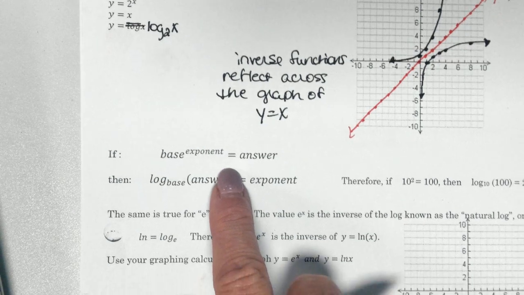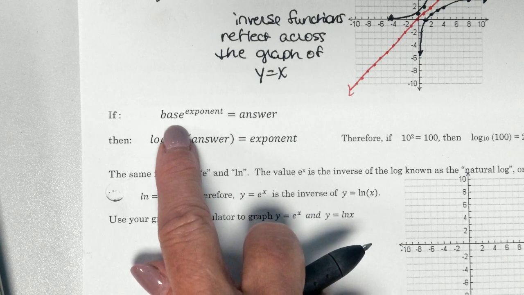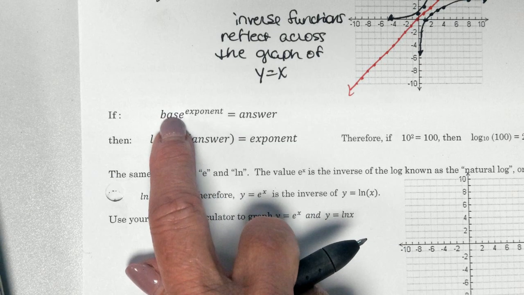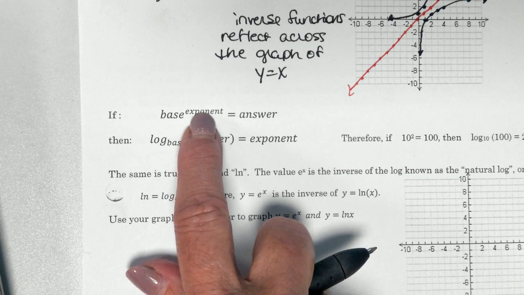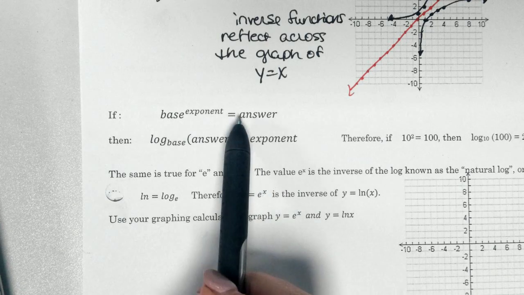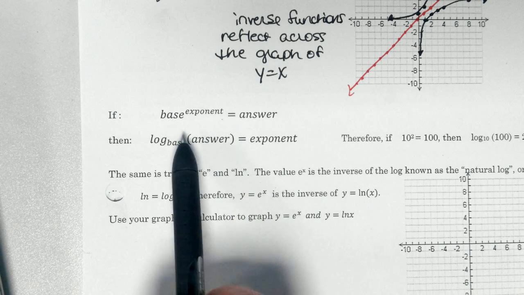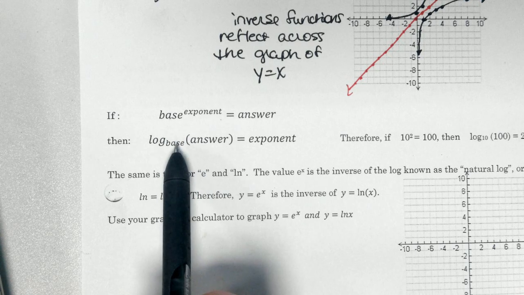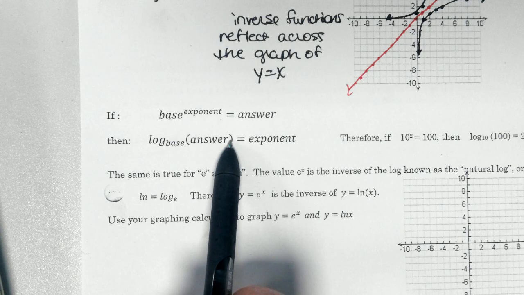And I want to re-emphasize this part right here. In an exponential rule, you have your base number to a power, your exponent, and it equals some answer. And if I were to take those values and express them as a log, the base of our exponent is the base of our log. Our answer to our exponential is what we're actually logging.